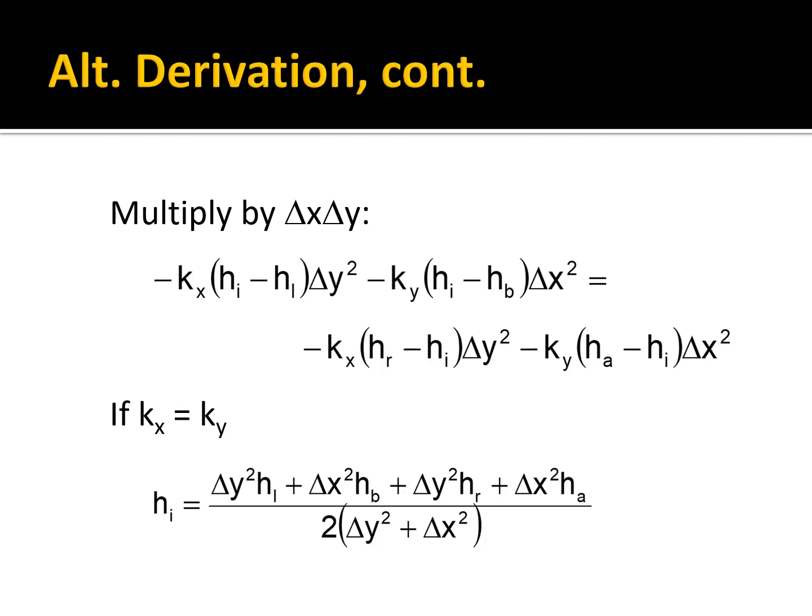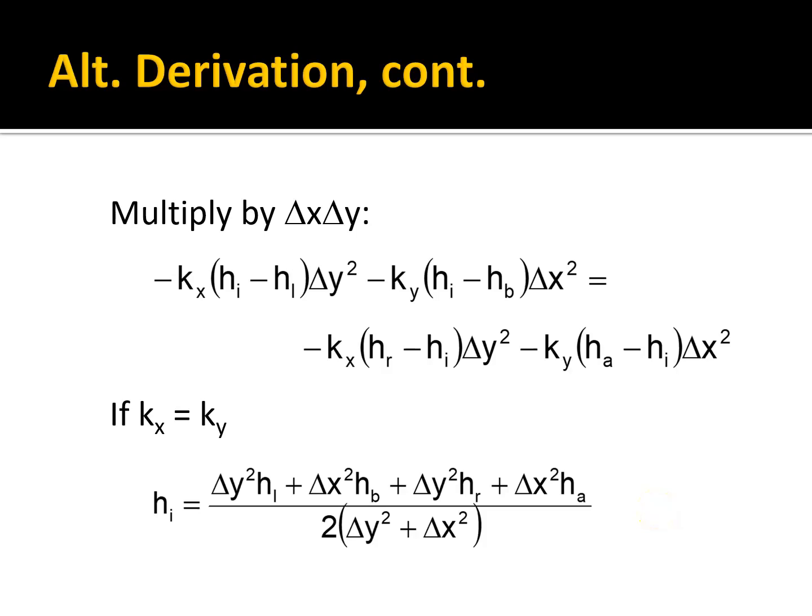If we multiply both sides by delta x, delta y, we get rid of the terms in the denominator. And if we solve this for hi, and then assume that kx is equal to ky, we end up with this expression, which is exactly the same expression we found above.